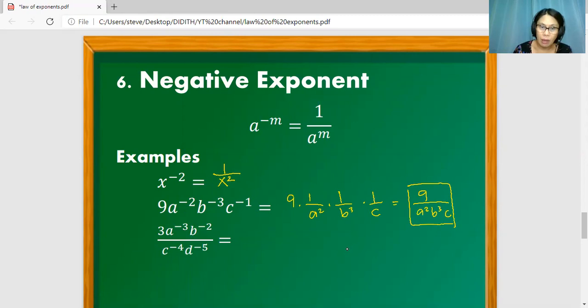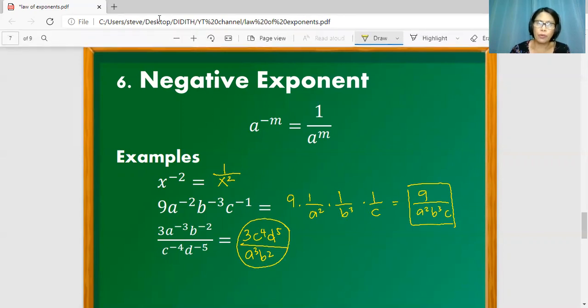So rewriting them will lead us to the simplified answer of the third example. So we have 3. So we'll place C on the numerator and we'll change the exponent to positive 4 as well as D exponent to positive 5 all over A cubed B squared. So that's it.